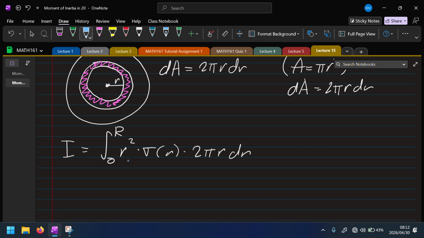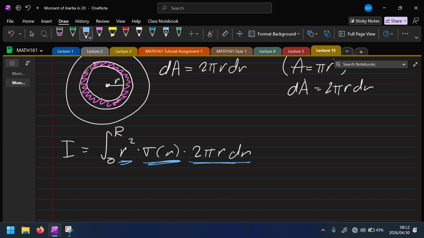Okay, so there's 3 parts to this. So we have the r squared from the moments of inertia formula. Sigma, that's the density. 2 pi r dr, that was our dA. And we put it all together. Now we can simplify this a bit. 2 pi, that's a constant, we can take it out.